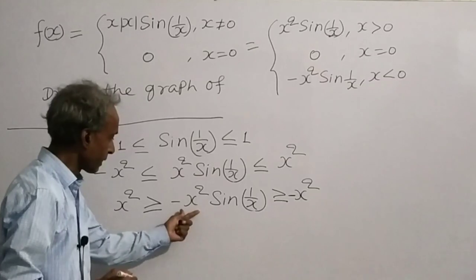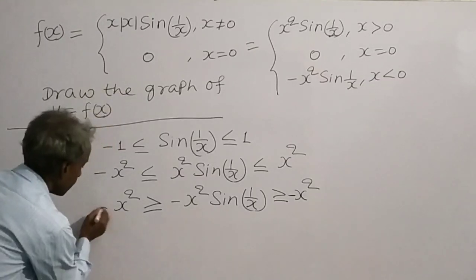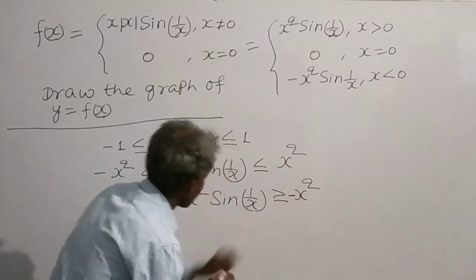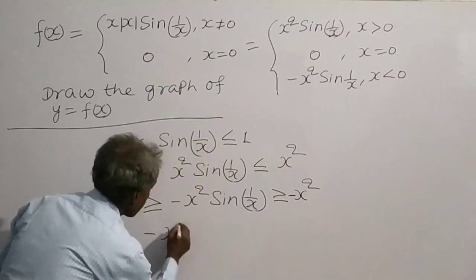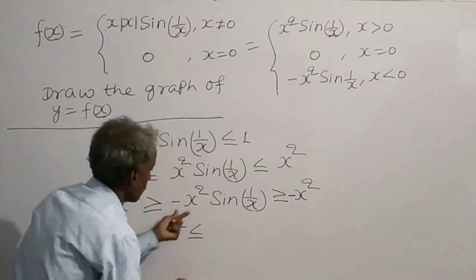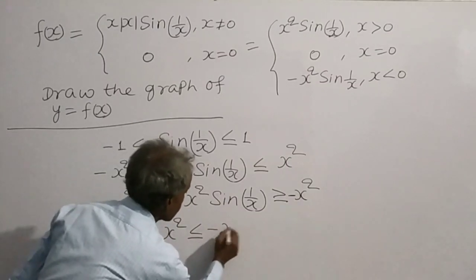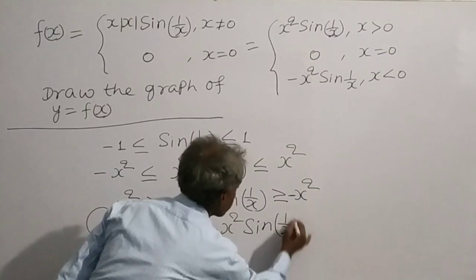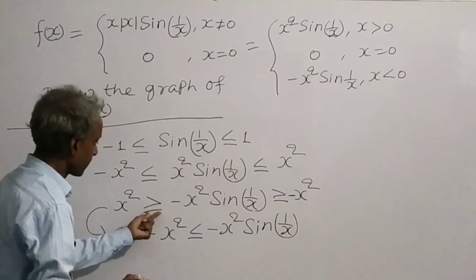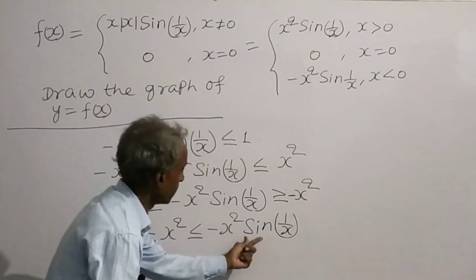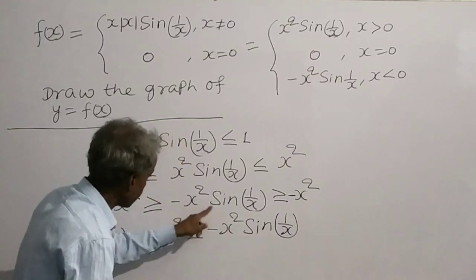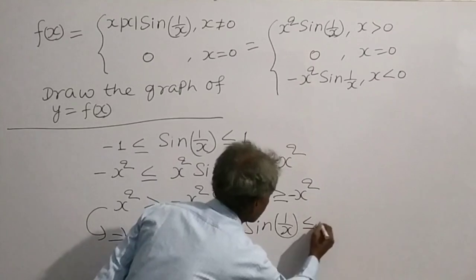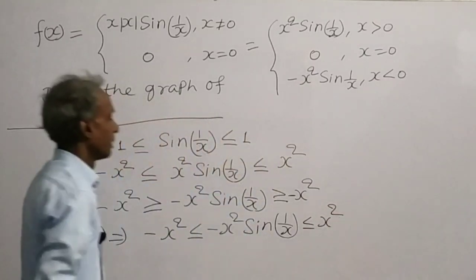This result can be written like this: minus x square is less than or equal to minus x square sin 1 by x, less than or equal to x square.